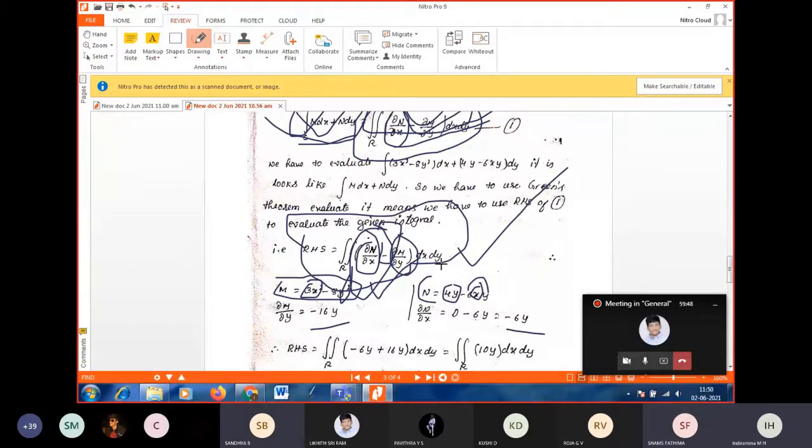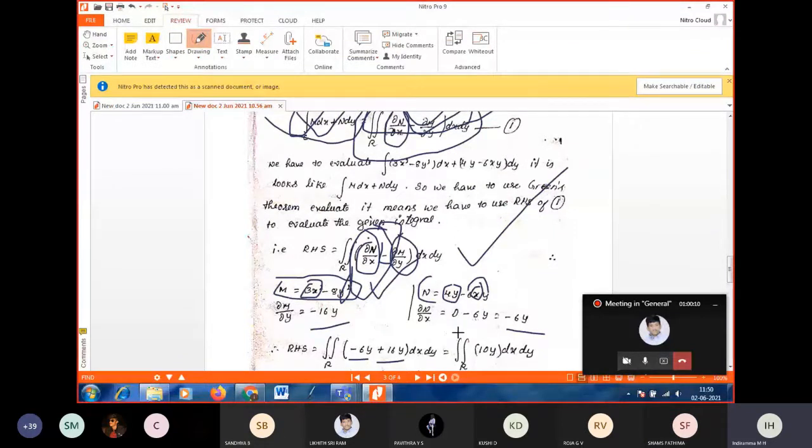Minus 16y. Minus into minus, here we have minus in the formula, minus into minus is plus. Plus 16y dx dy as it is. Minus 6y plus 16y is 10y dx dy.